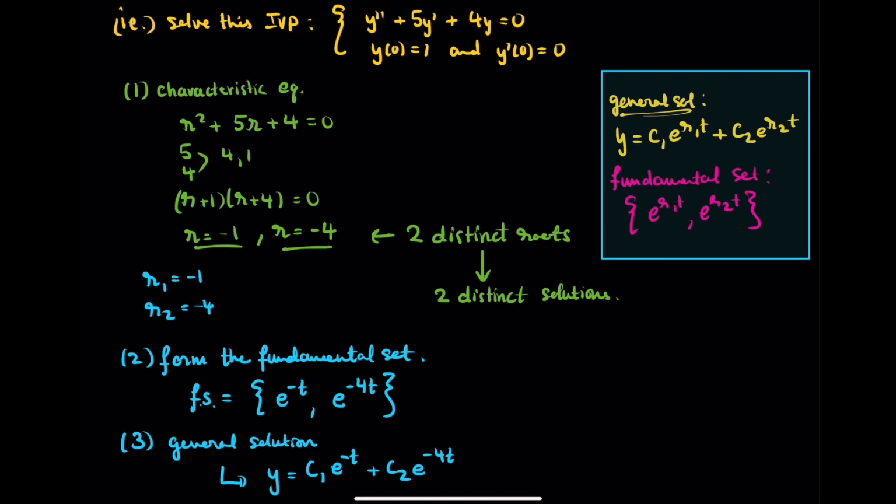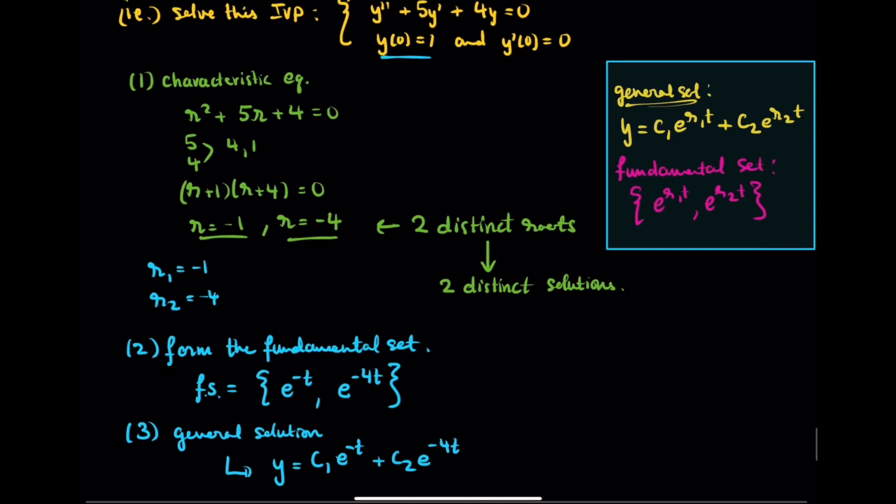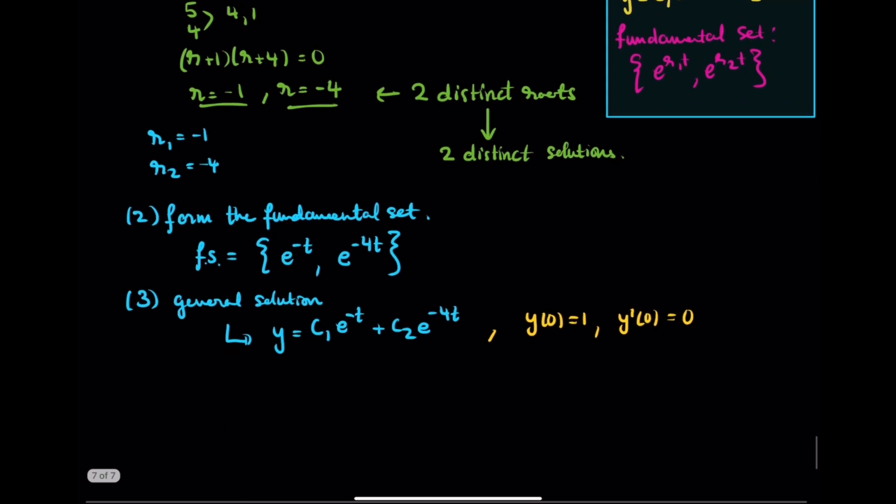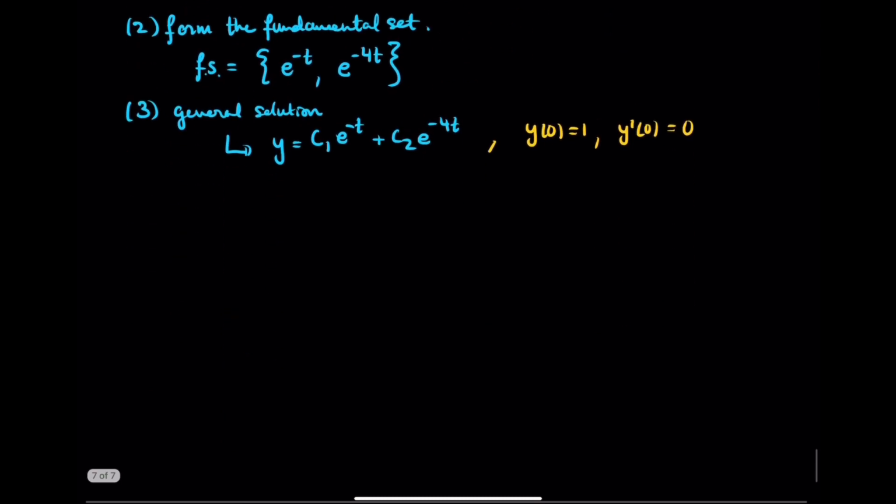Keep in mind we are also given these two initial values. So let's write that down: y(0) equals 1 and y prime(0) equals 0. We can plug this in right now.